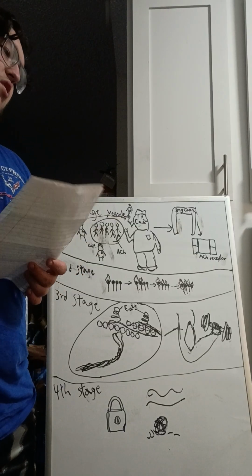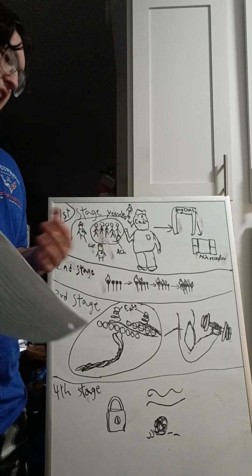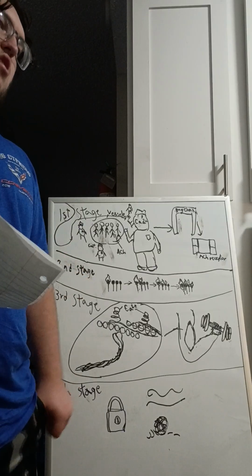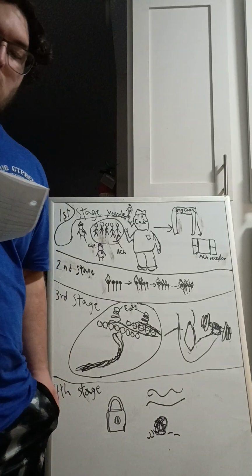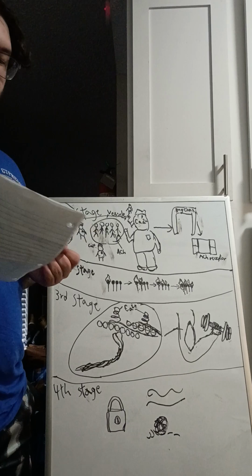So when troponin and tropomyosin move, an actin binding site, which is a specific region on actin myofilaments, will be exposed, and there are 4 steps of cross-bridge cycling.